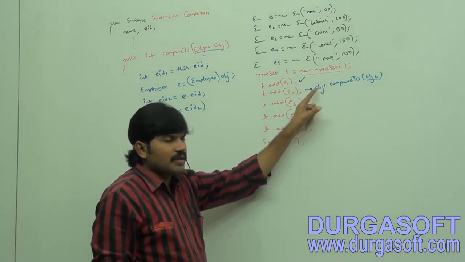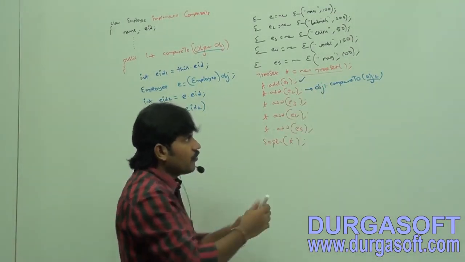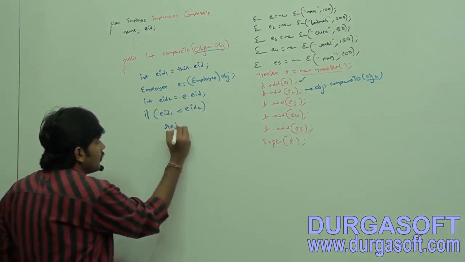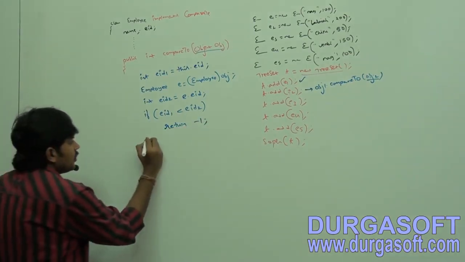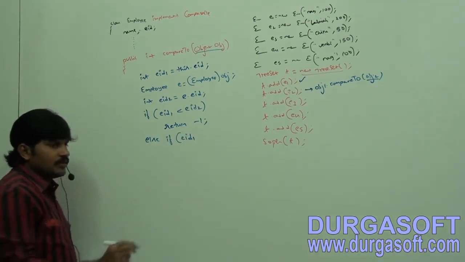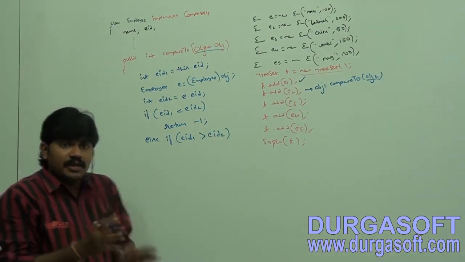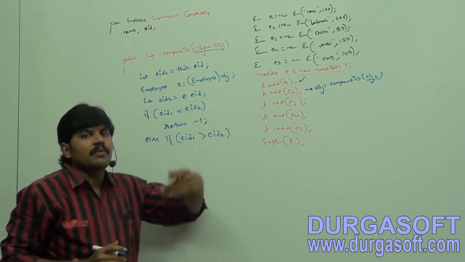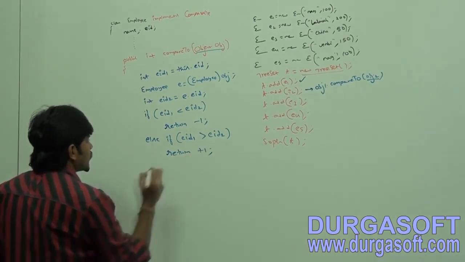That's why obj1 should come before obj2, which is nothing but return -1. Else if eid1 is greater than eid2, the first person's employee ID is bigger than the second person's employee ID. The bigger employee ID person should come last, so return +1.